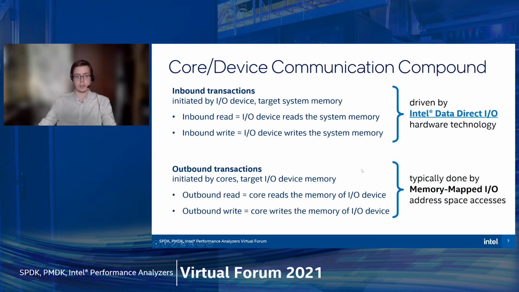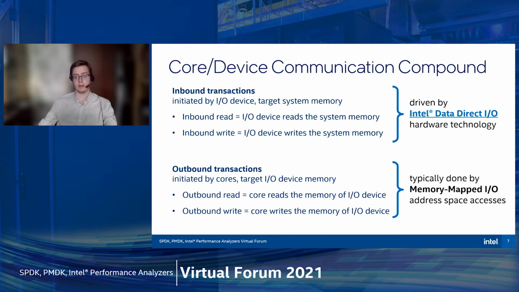So what types of transactions that come through the integrated IO controller exist? There are 2 types of them. The first one is called inbound, meaning that the IO device requests something from system memory. For example, the device might be reading or writing system memory, and this type of transaction is traditionally called DMA, direct memory access, and traditionally such requests go to the DRAM, to the system memory.